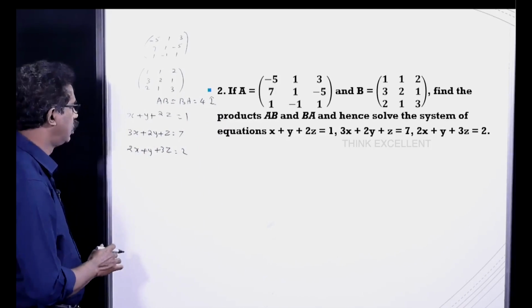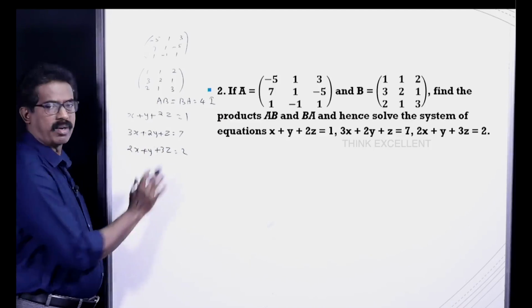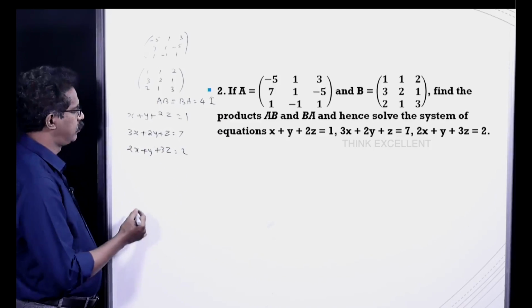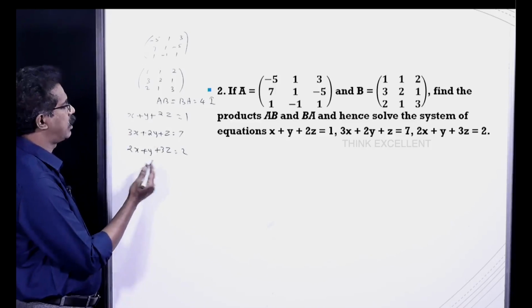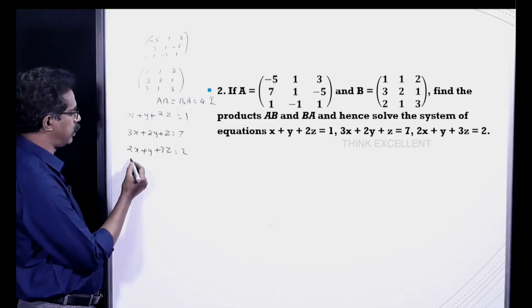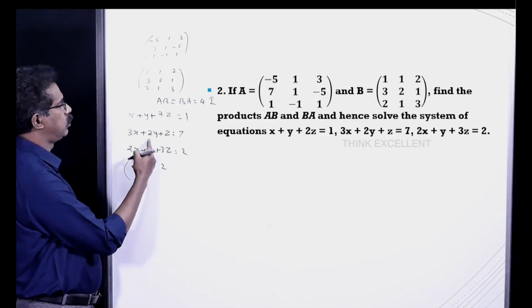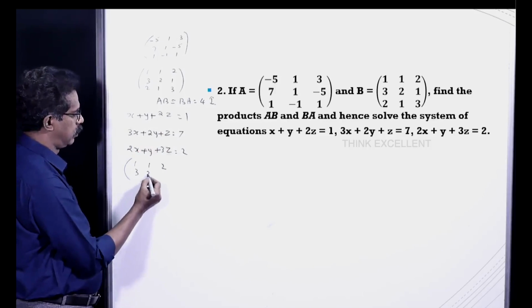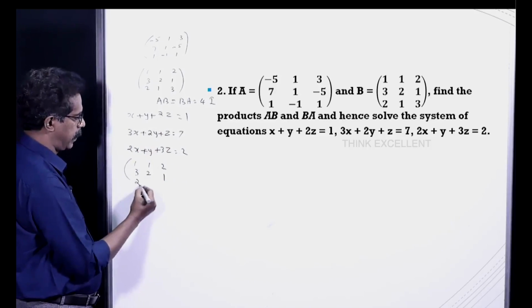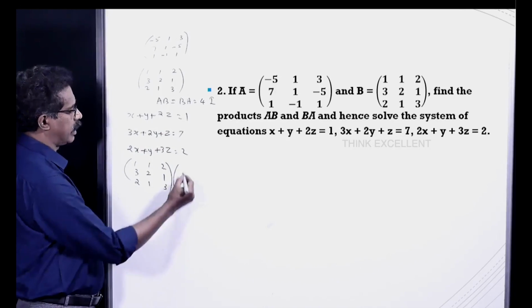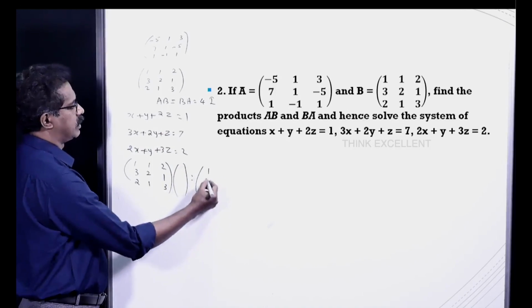So what do you do now? Check whether it is the correct form or not. Yes, it is the correct form. Write it as a matrix equation, AX equal to B. What is A here? 1 1 2, 3 2 1, 2 1 3. X you know, x y z. B value you know, 1 7 2.